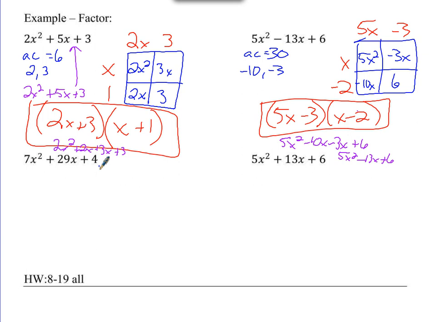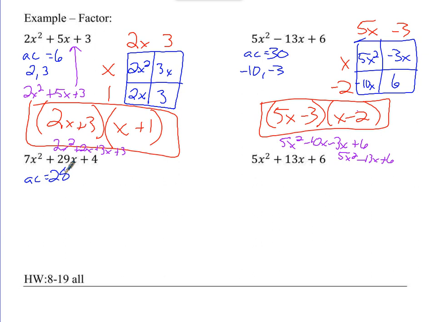What do we do first on that third problem? Look for a GCF. Do we have a GCF here? 7, 29, 4. Other than 1. No, we don't. Good. So, A times C, what do we get? 28.